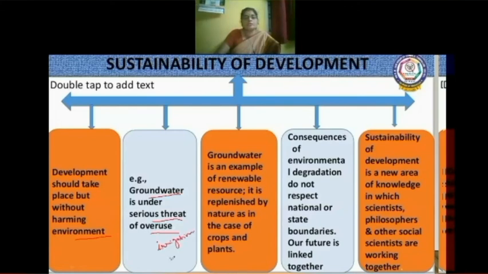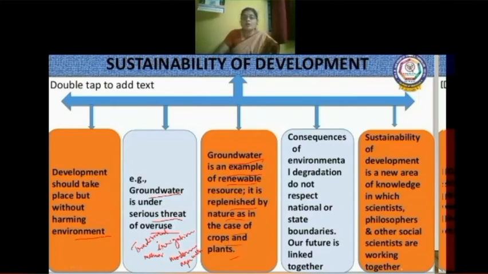So this has to be taken into concern, and we have to conserve the water. Traditional methods have to be adopted instead of modern methods. Groundwater is a very important example. It is a renewable resource, but it is replenished by nature, as in the case of crops and plants.